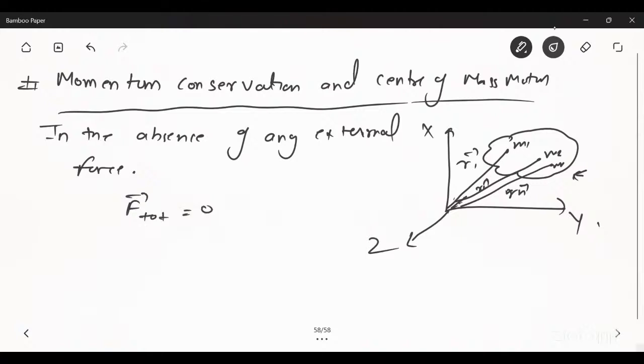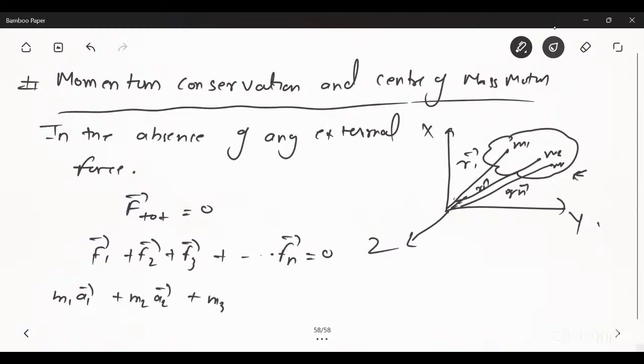So if F total is equal to 0, then F1, F2, F3, up to Fn become 0. So the sum m1 a1 vector plus m2 a2 vector plus m3 a3 vector plus dot dot dot mn an vector will be 0. Now what is a1 vector? a1 is d by dt of v1 vector.